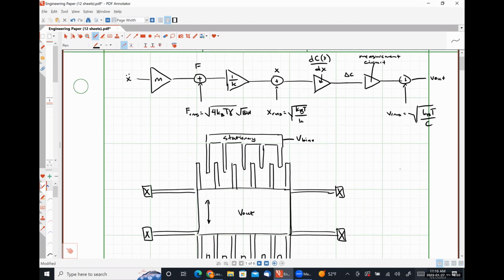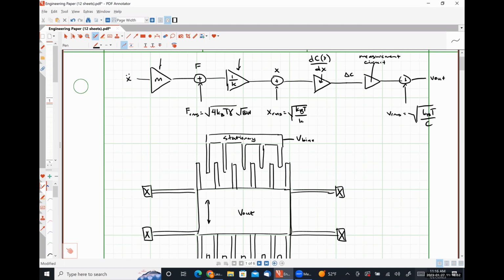So each of these pieces represents the gain of an amplifier block. The gain of this first amplifier block is literally the mass. The gain of this amplifier block is 1 over the spring constant. The gain of this amplifier block over here is whatever the sensitivity is, and we talked about the sensitivity for structures.